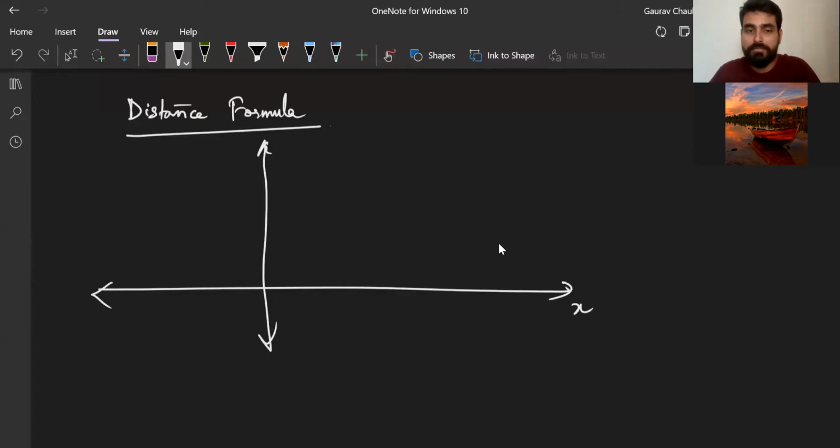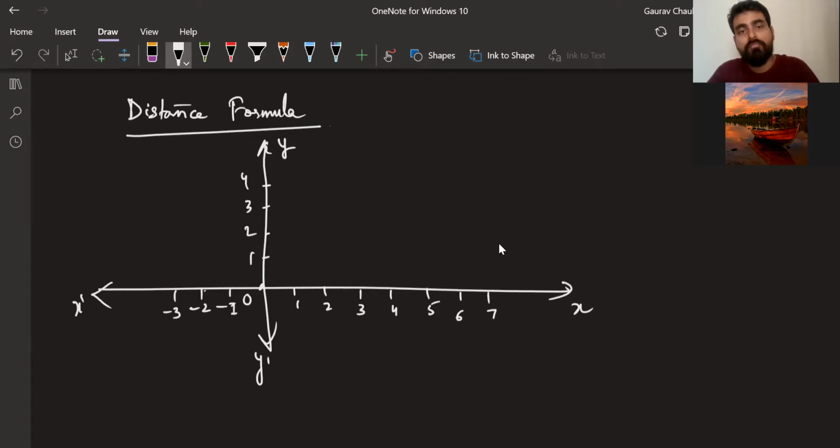Now you have the x-axis, y-axis, and origin. Let's number this a little bit. All right, now think of any 2 points here. Let there be a point P here and a point Q here.